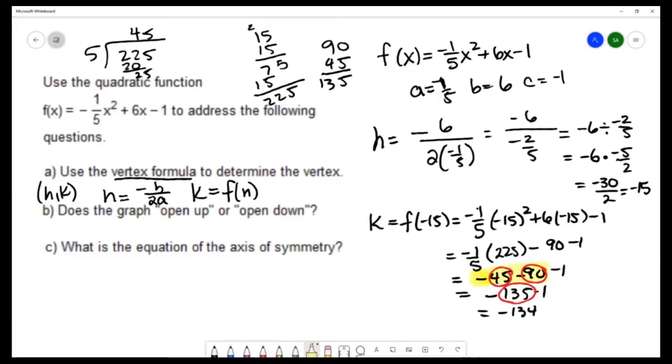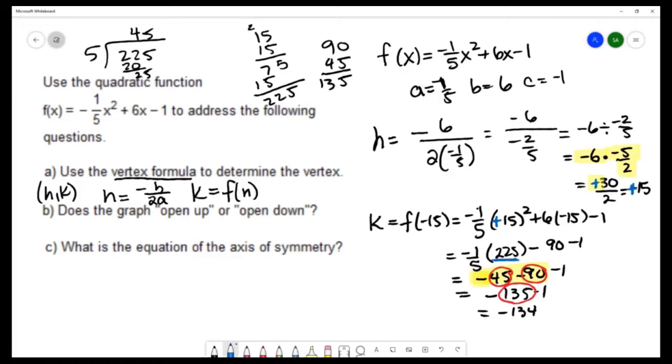Up here I have a negative 6 multiplied by a negative 5/2, and that should have been a positive right there. So I was a little bit careless. That should have been a positive 30/2, which is a positive 15. So I'm going to make these corrections. This should be a positive 15. That does not change this number right here because negative 15 squared and positive 15 squared are both 225.